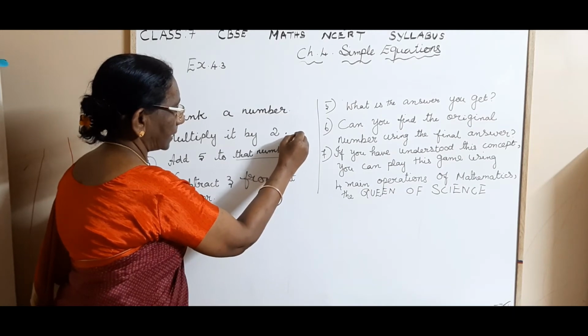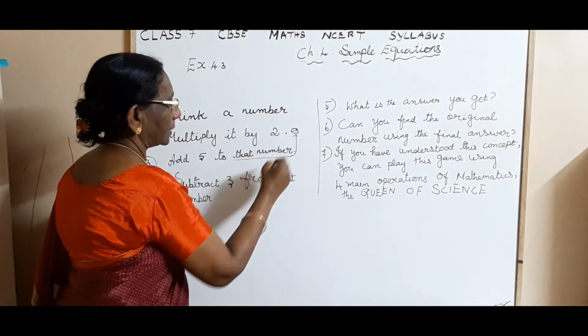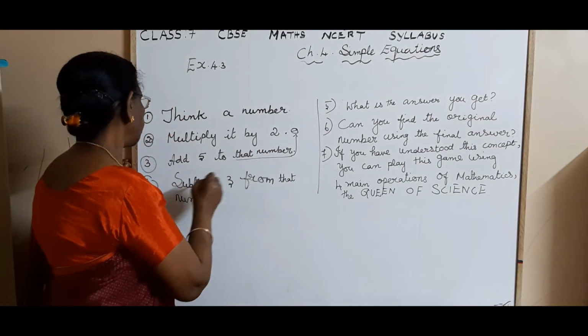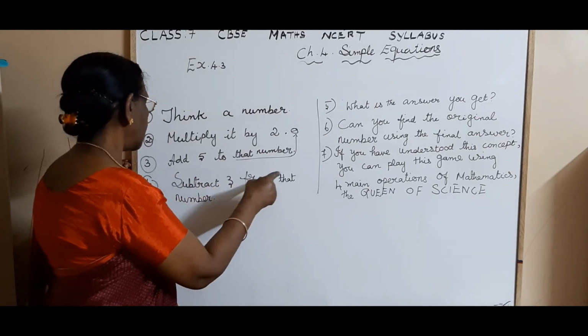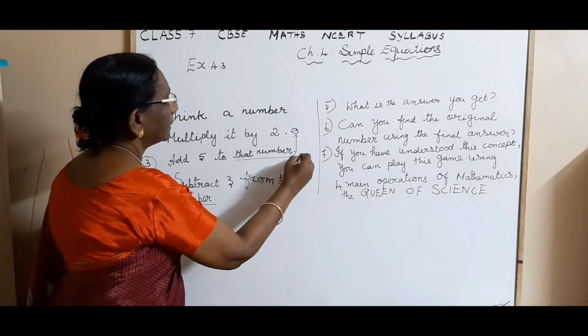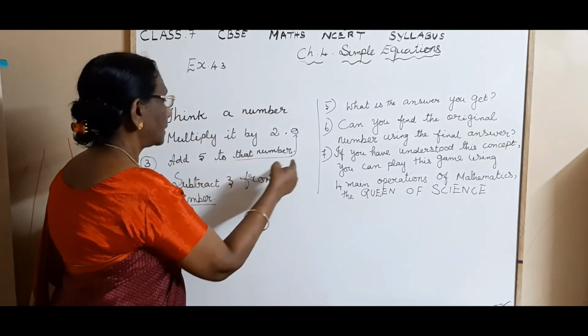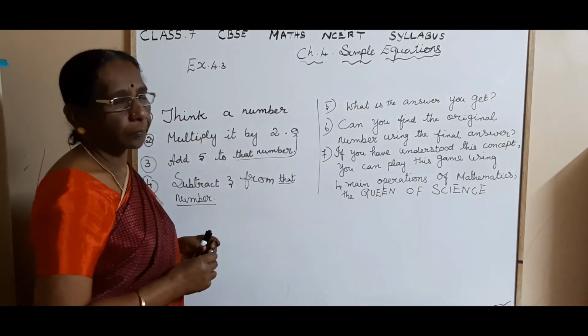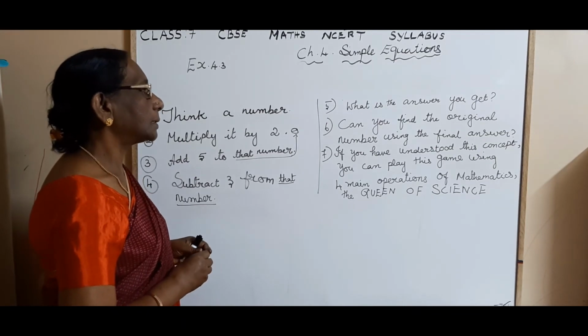The previous answer, what you are getting here. Then subtract 3 from that number. Here also that number represents the answer of the third step. Okay. And what is the answer you get?